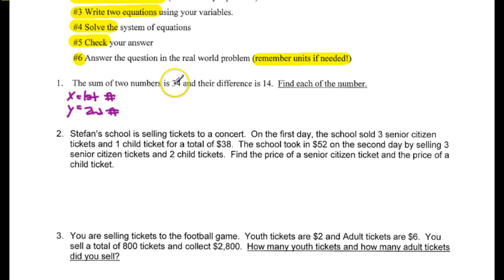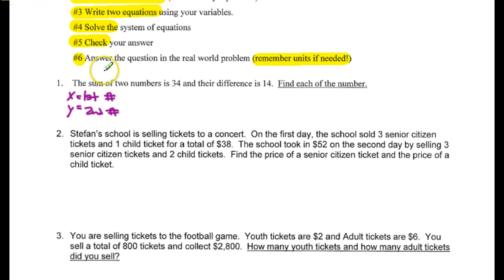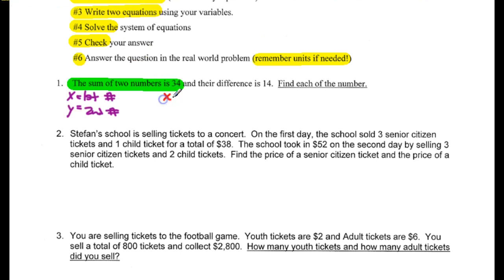So now I'm going to set my equations up. I'm just going to make the math match what it's saying. This part says the sum of two numbers is 34. So remember what sum means? It means to add. So if I add up the two numbers, X plus Y equals 34.